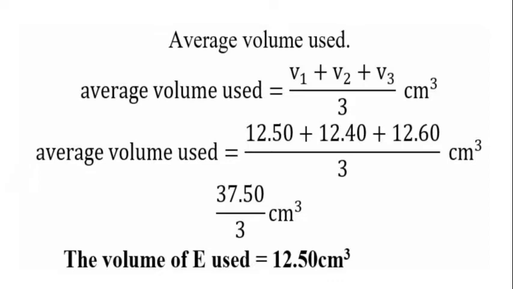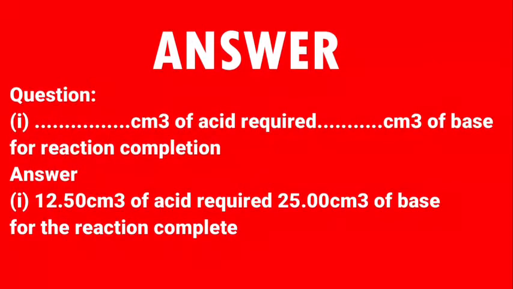The volume of solution E, which is acid, was 12.5 mL, and that is the volume used for titration to neutralize 25 mL of base for the reaction to be complete, or to reach the end point. The volume of acid required to neutralize the volume of base: 12.5 mL of acid is required to neutralize 25 mL of base for completion of the reaction. That is our solution to that question.